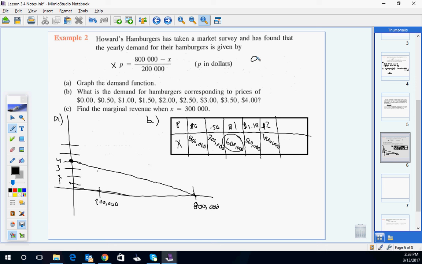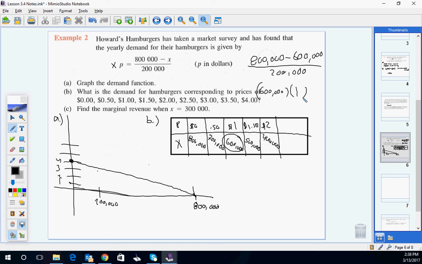If I do 800,000 minus 600,000 all over 200,000, 800,000 minus 600,000 is 200,000, which gives me 1. But then we have 600,000 here for the X. So 600,000 times 1 gives me that output in the demand function.